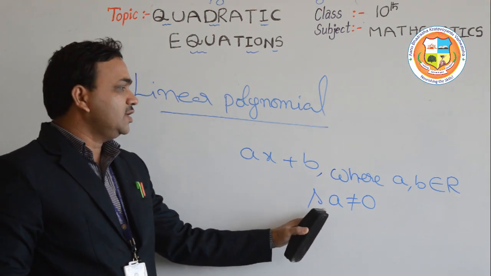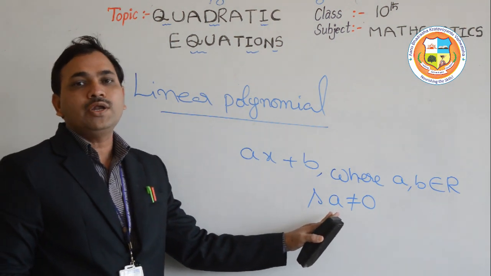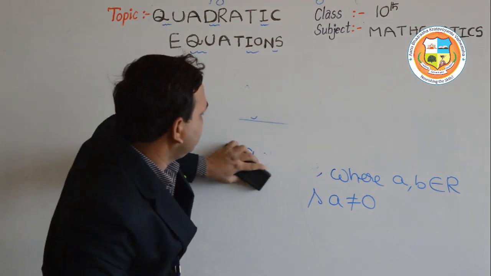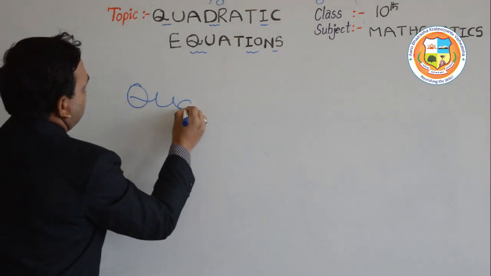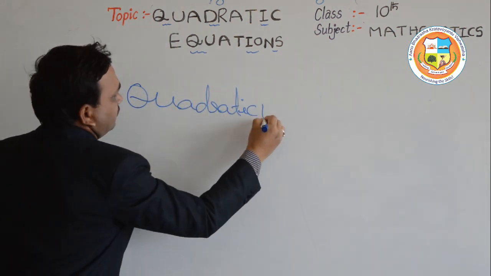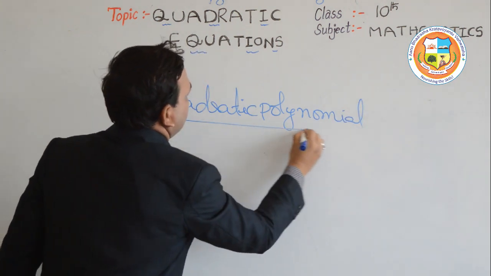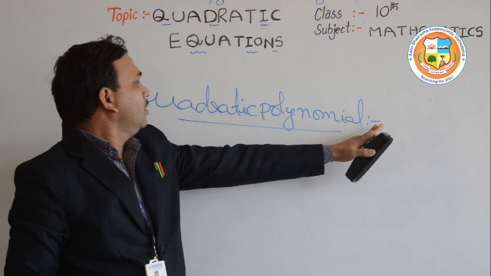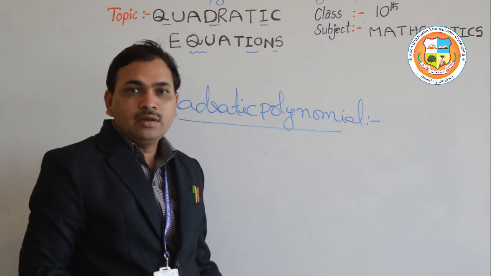Similarly, we can see another type of polynomial, the quadratic polynomial.